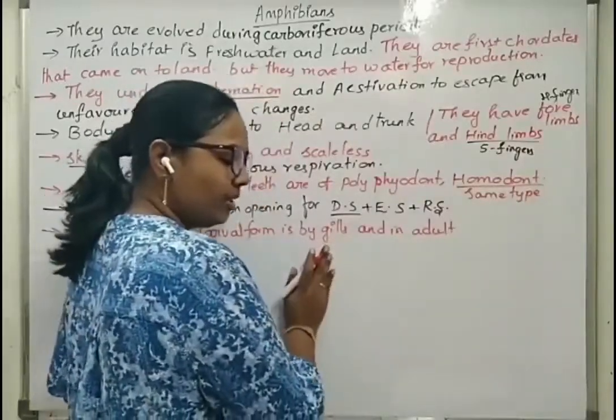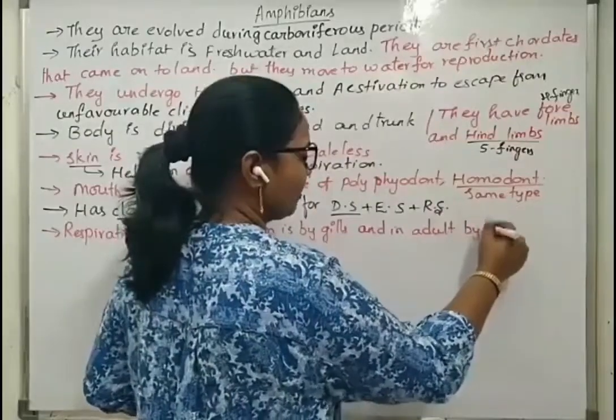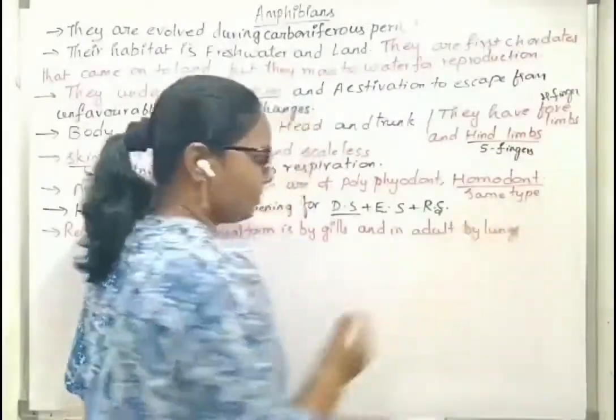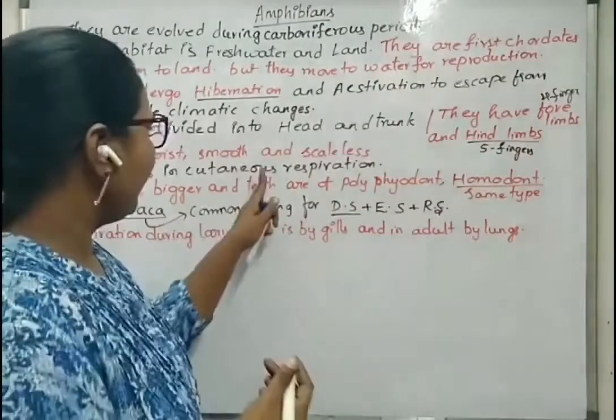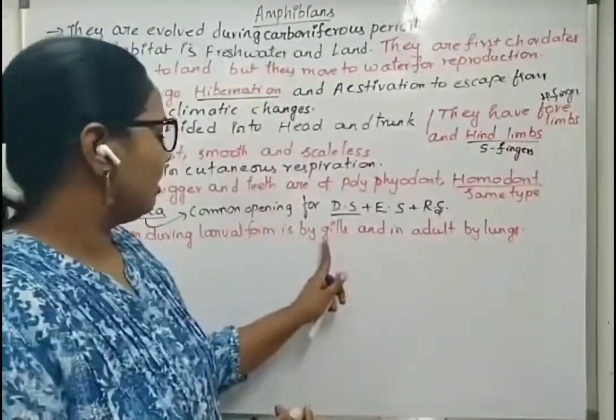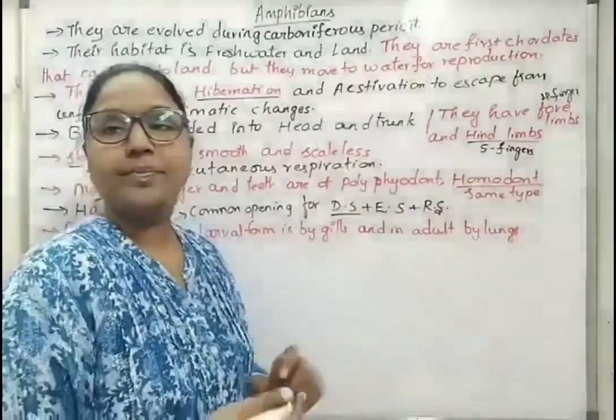During adult stage also some amphibians will have gills. Adult by lungs. And we have seen cutaneous respiration, respiration by gills in larval forms, and by lungs.